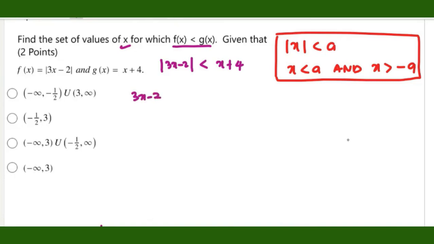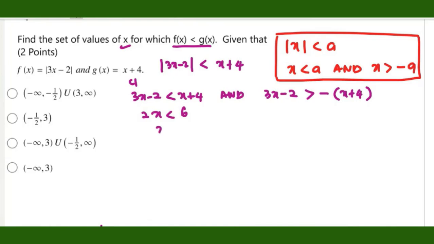Okay, so now coming back to our question, we should have 3x minus 2 less than x plus 4 and 3x minus 2 more than negative of x plus 4. Okay, so we shall do one by one. For case 1, we shall end up having 2x less than 6 and therefore x will be less than 3.